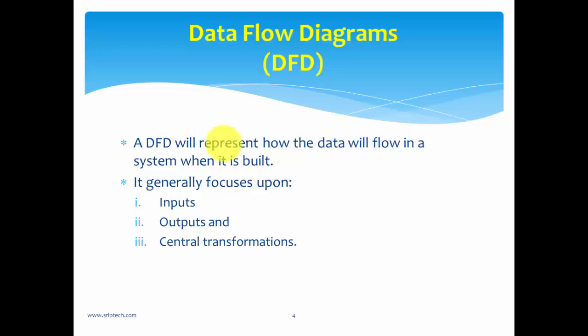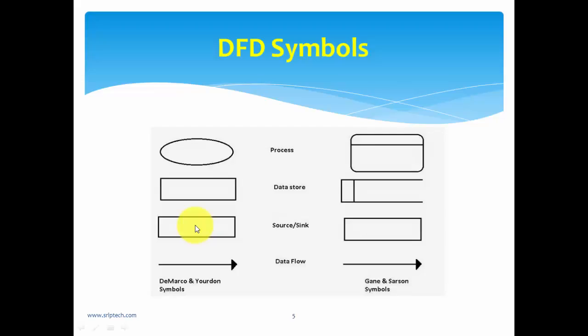You should know that a data flow diagram generally focuses on three important things: inputs, outputs, and central transformations. So what are these inputs, outputs, and central transformations? We shall understand this when we look at an example of a data flow diagram.